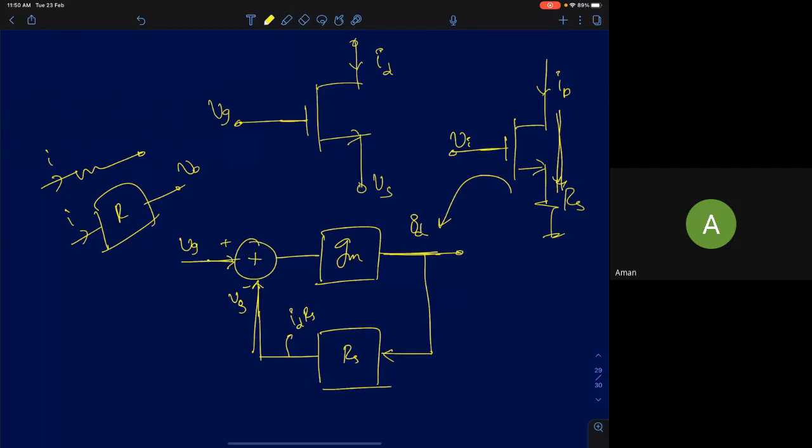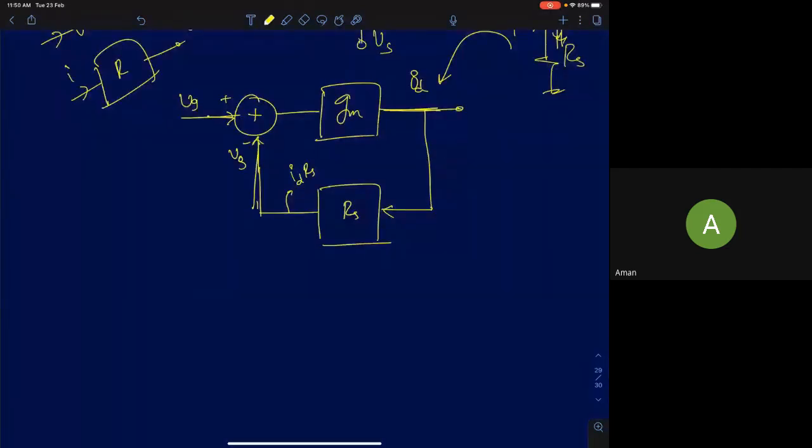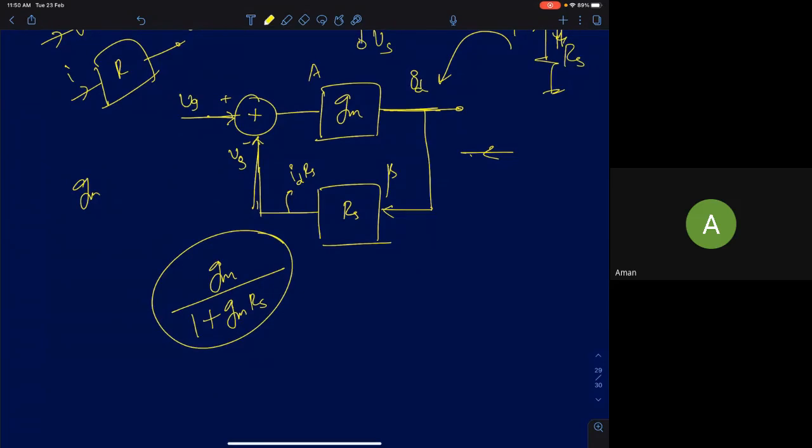So can you tell me what the closed loop transfer function will be for this? This is open loop, which was Gm. The forward path gain is Gm divided by 1 plus A times beta. If you remember from basic control theory, A by 1 plus A beta. So use that: A here is Gm, beta is Rs, so Gm by 1 plus Gm Rs is the transconductance.